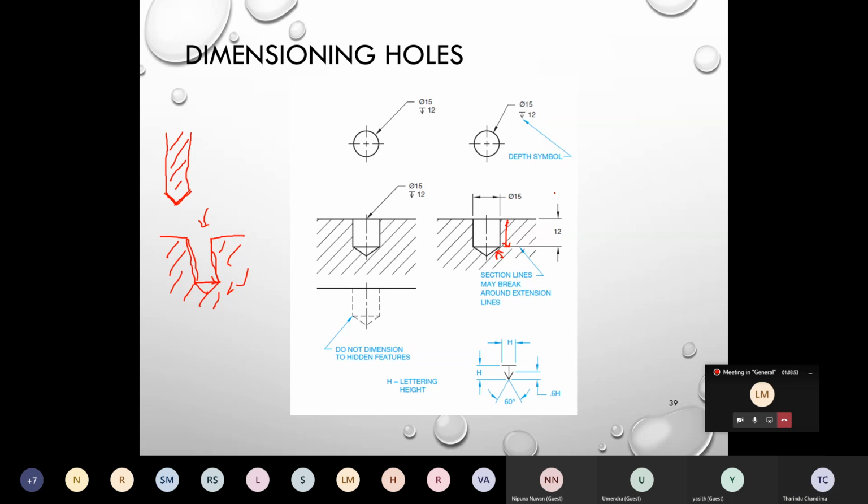When you define the depth, you can write your diameter dimension like this, and your depth symbol is like this. How much depth? 12. If it is a through hole, then you don't have to write this, just type THRU.